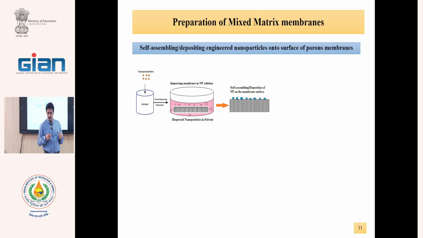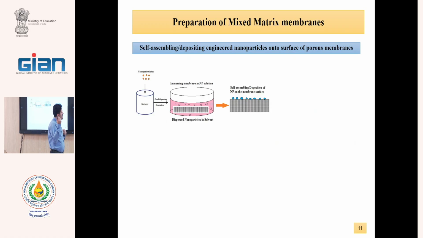And in this case, we have a good attachment between the nanomaterials and the polymeric membrane. When we have growth, not deposit, growth of the nanomaterials, the attachment is very good and we have a stable layer.